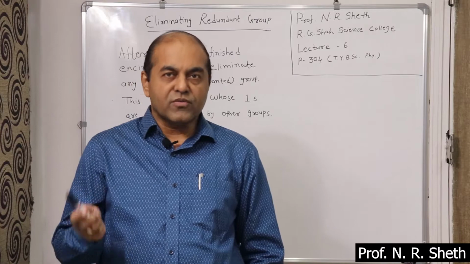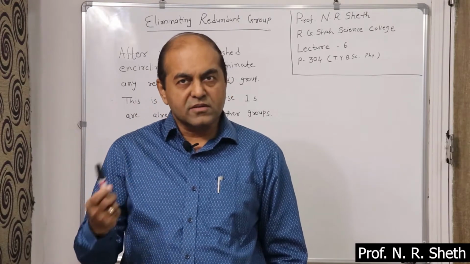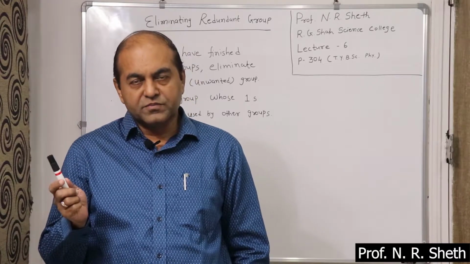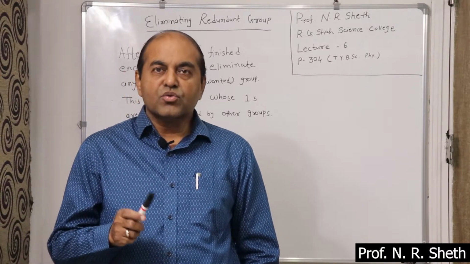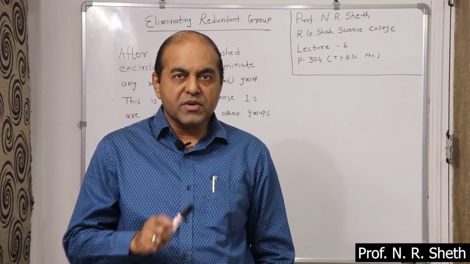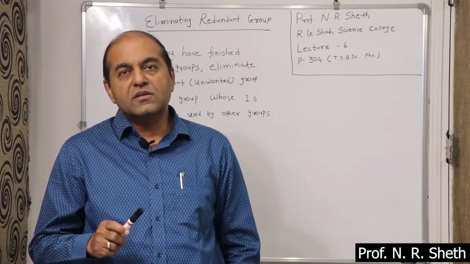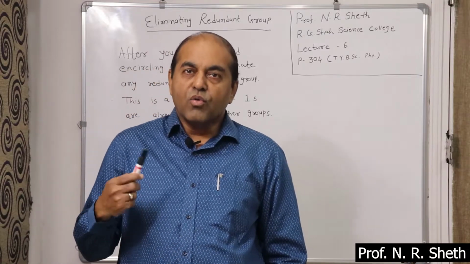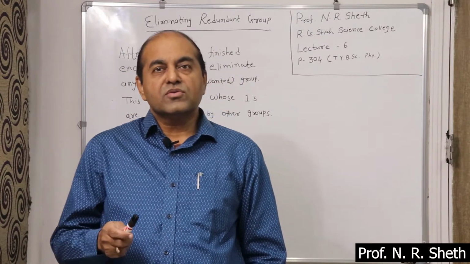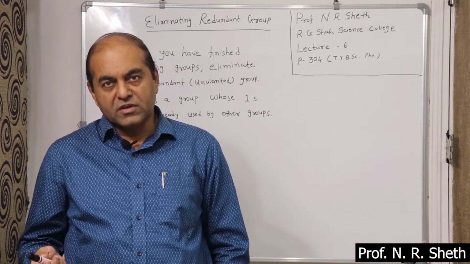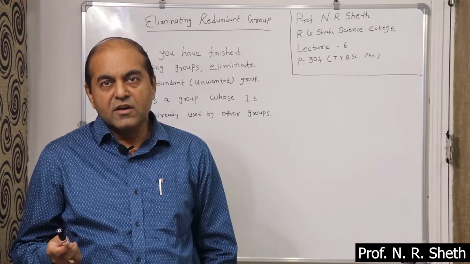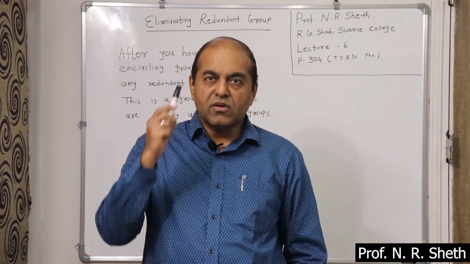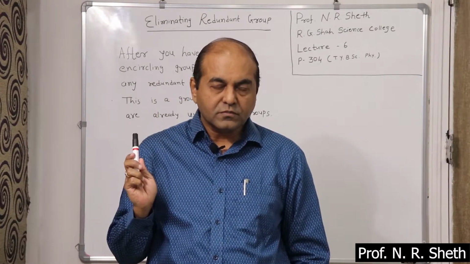Pair means group of 2 ones, quad means group of 4, octet means group of 8. After this, 2 other properties we discussed in the previous lecture, that is overlapping and rolling. Overlapping means you can use one more than once, and rolling means you can shift one from left to right or from top to bottom.